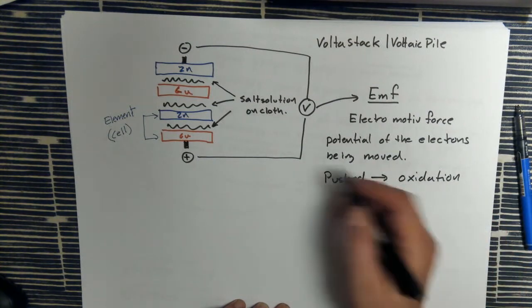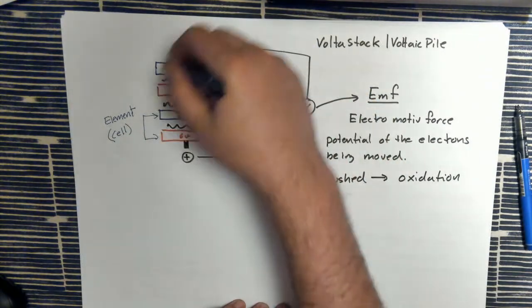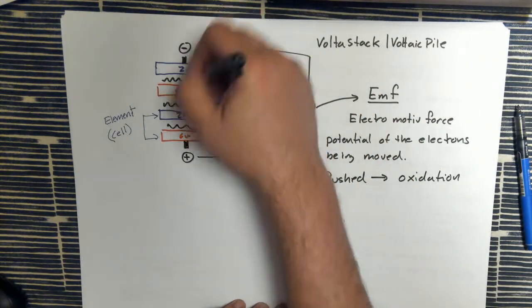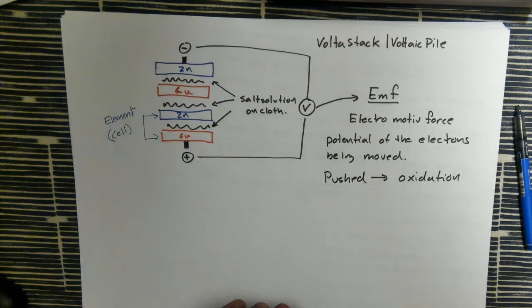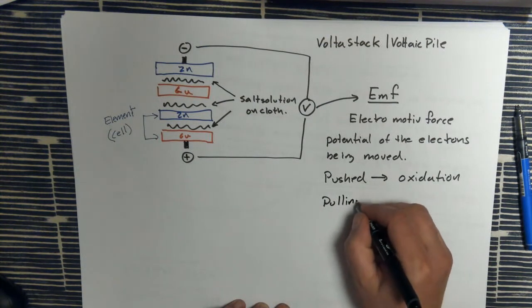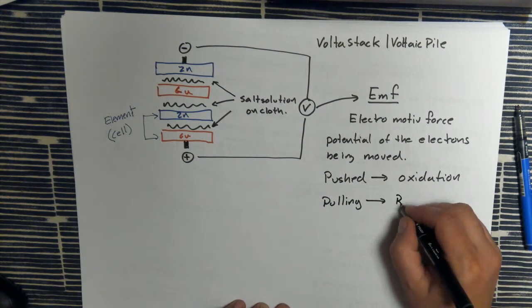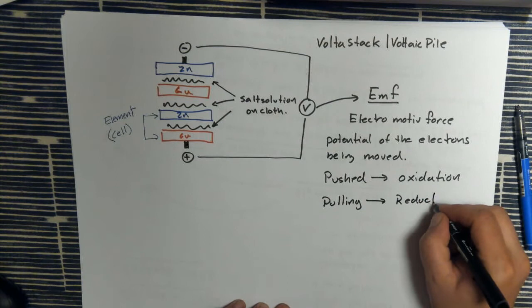And if it's being pushed, it's also being pulled because it's creating this sort of circuit. So just because something wants to leave doesn't mean it has anywhere to go. So something has to be pulling it as well. And so this is when you have the reduction process.